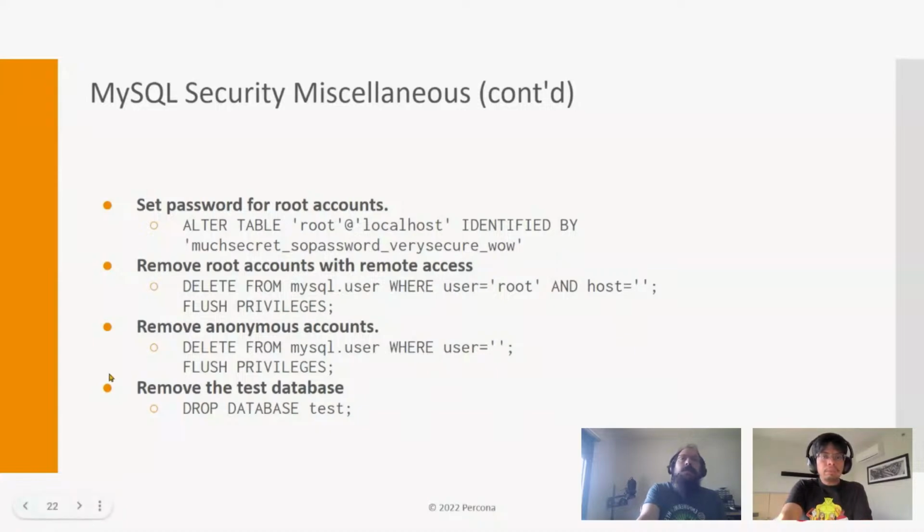You don't want those. And finally, you don't want the test database, because it's a well-known default database, and anything default tends to be insecure. I will correct this slide before we share with the general public. Apologies for the small mistakes.